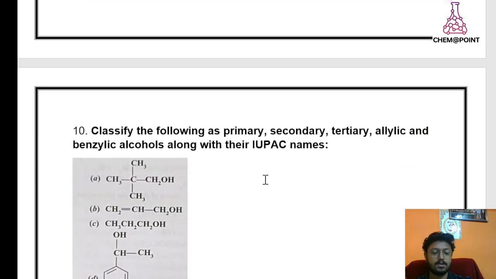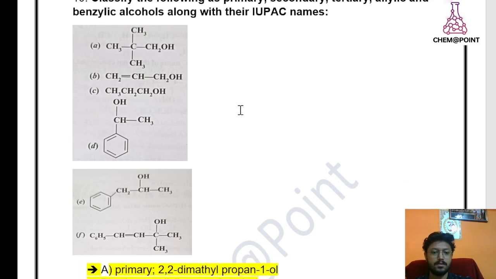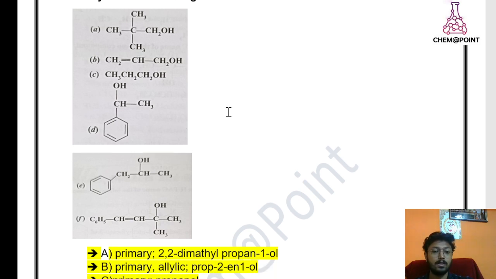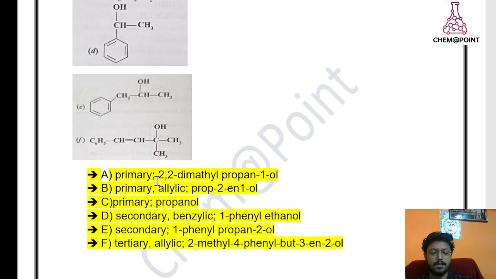Now next question, question number 10. Classify the following as primary, secondary, tertiary, allylic and benzylic alcohol along with their IUPAC name. Okay, dear students, please try yourself. Okay, then you can check the answer. So the first question is primary, 2,2-dimethylpropan-1-ol.